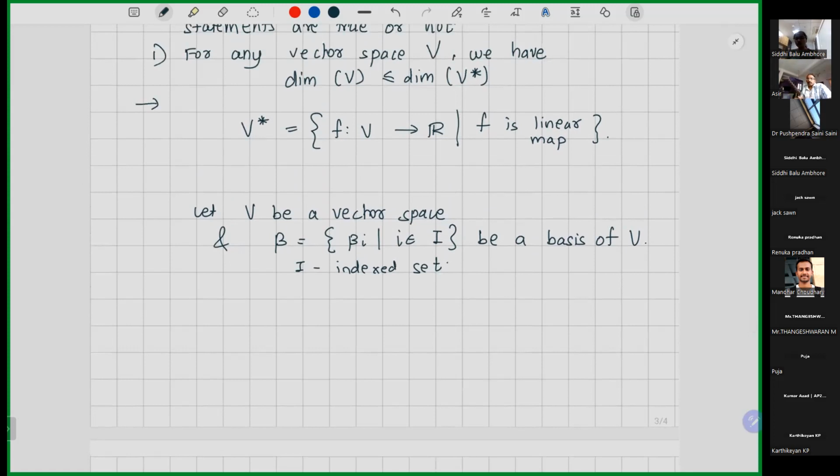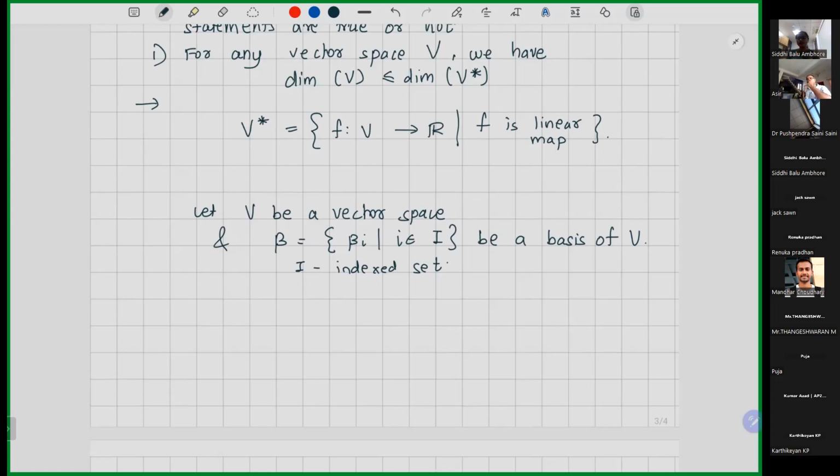First of all, we are talking about the dimension of V star, so it is about the cardinality of the basis. When I talk about the cardinality of the basis, it is enough to produce a linearly independent set of a certain cardinality.